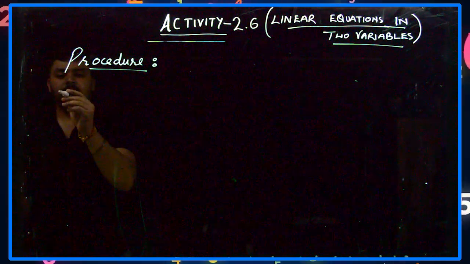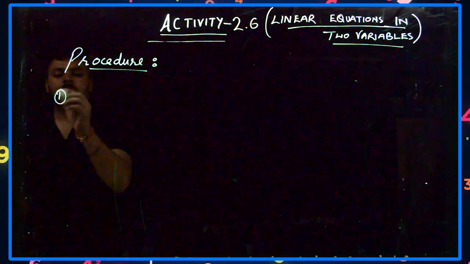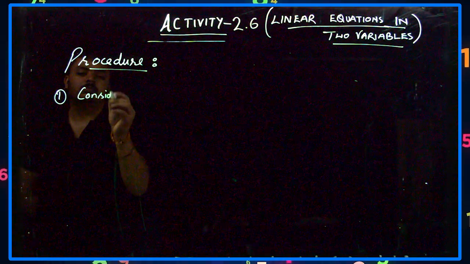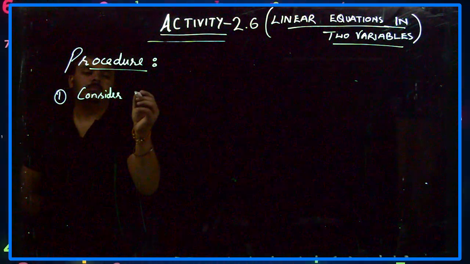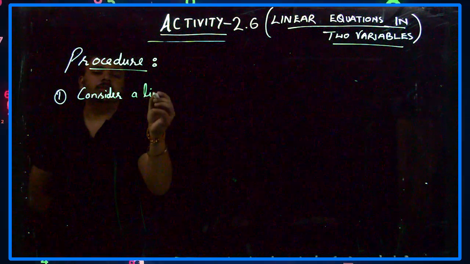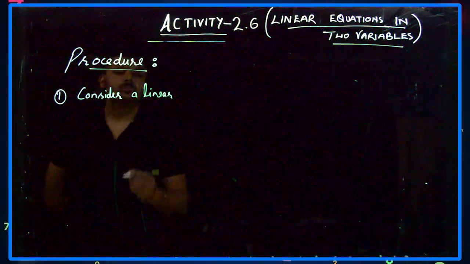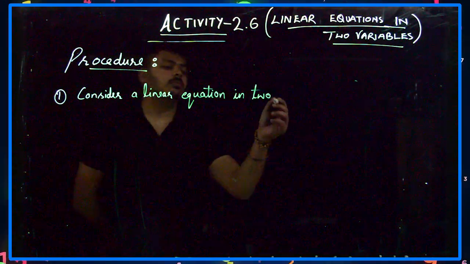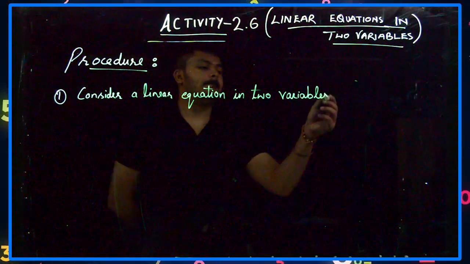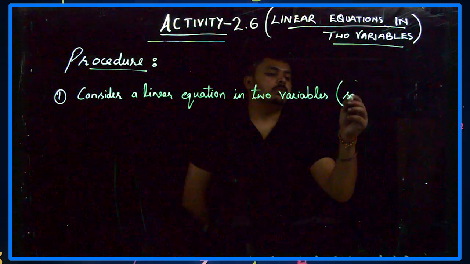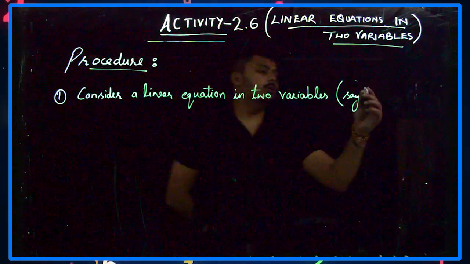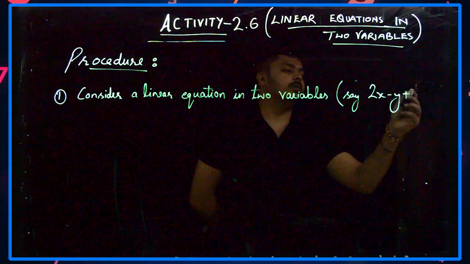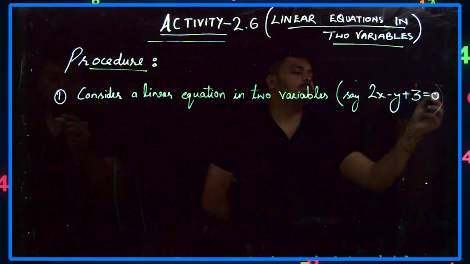So step 1, consider a linear equation in two variables. Say 2x minus y plus 3 equals to 0.